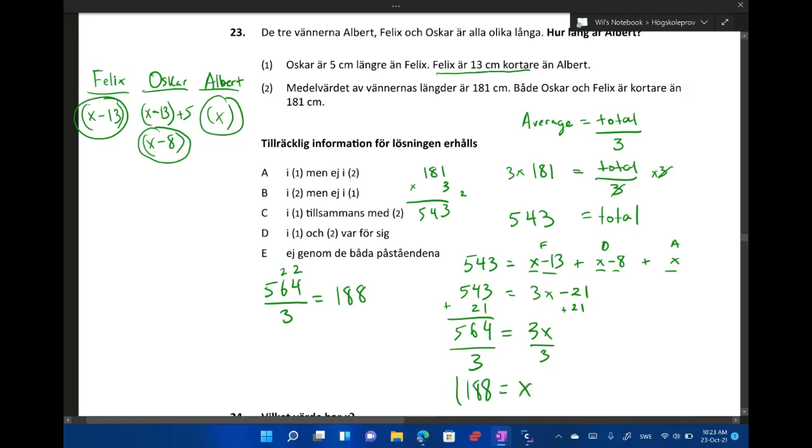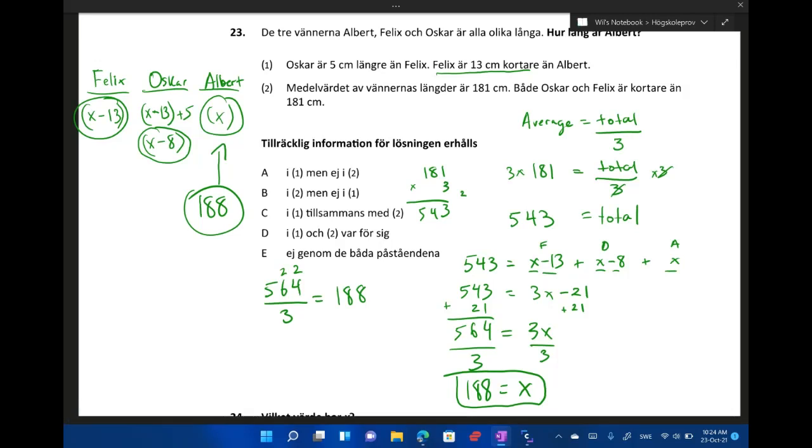So now we know the value of x. And remember, the value of x was Albert's height. Albert is 188 centimeters tall. So I believe that without the second hint, we were not able to find Albert's height. So I think both are important. So C is my answer.